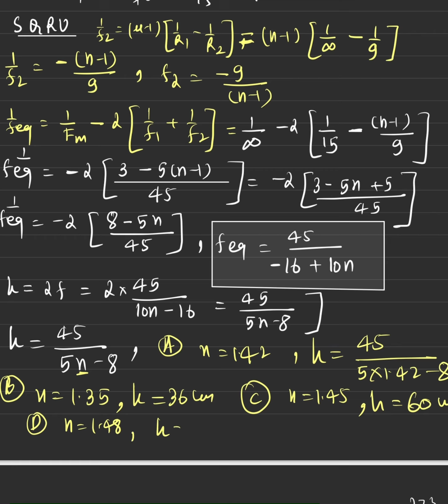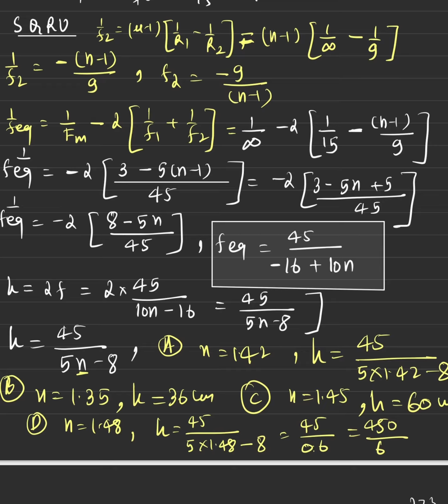Then the value of h we will get as 45 divided by (5 times 1.48 minus 8), which is 45 divided by 0.6, and this will become 450 divided by 6.